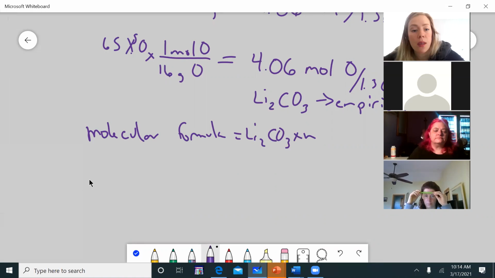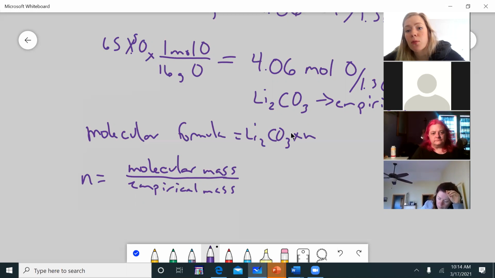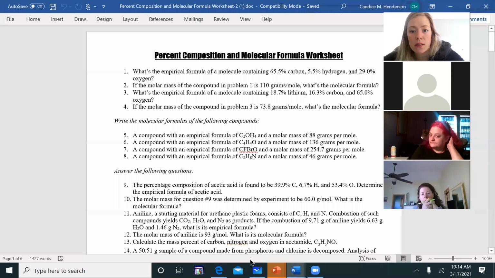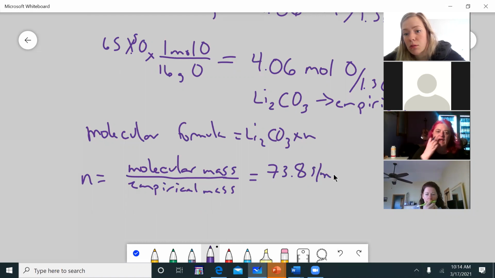Okay, that's the multiplier. n equals molecular mass over empirical mass. And the top one will be given, 73.8 grams per mole.